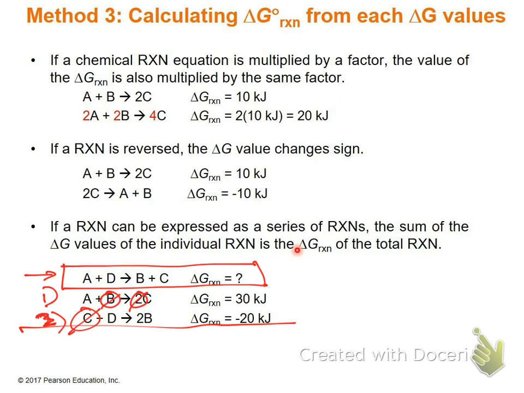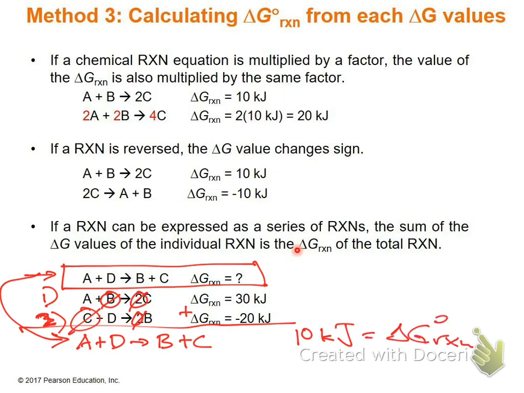And B will be subtracted from 2B. And then you add them all up, we have A plus D equals B plus C, which is basically what we want here, right? Same equation. And so we just basically added the two reaction equations. And so in order to determine delta G of reaction, we also add up the delta G reaction values, right? So 30 plus negative 20 gives you a positive 10 kilojoules, right? So this is the delta G of reaction for this.